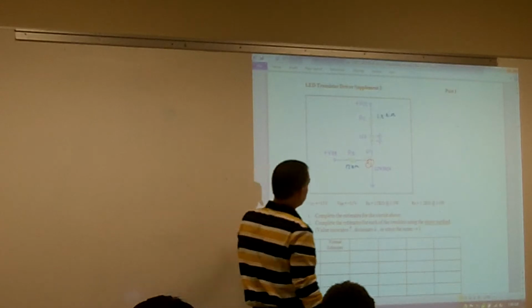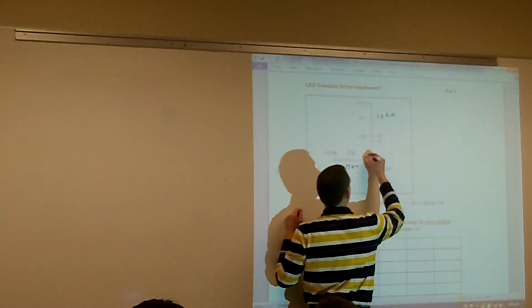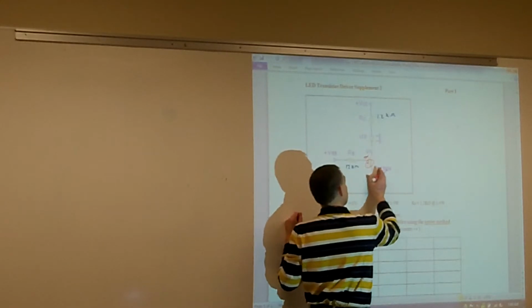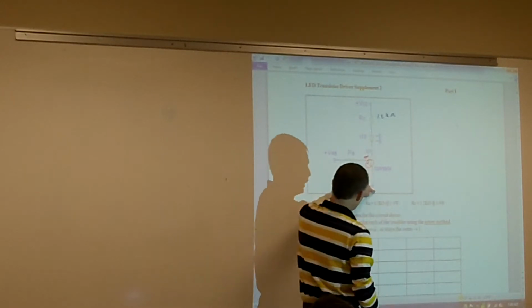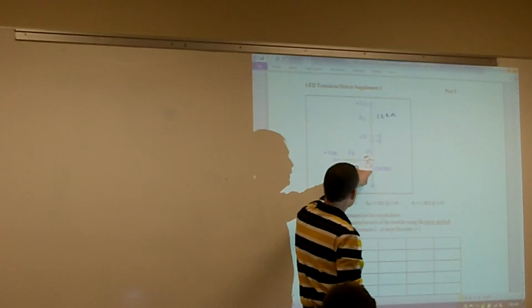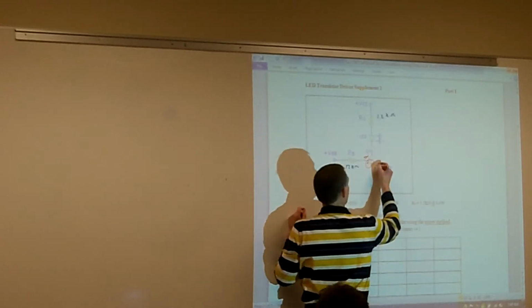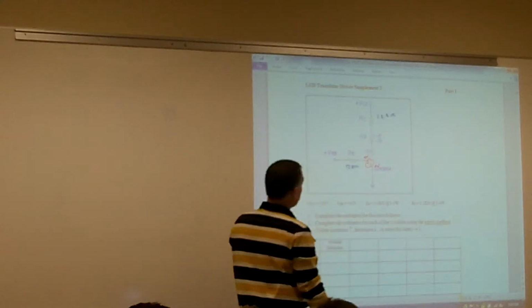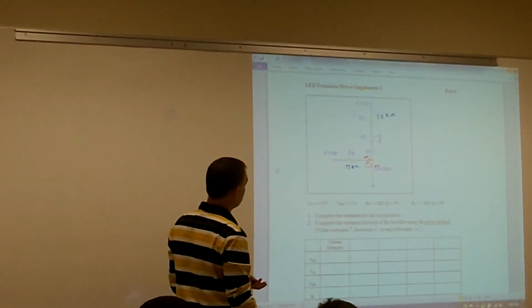Plus 15 volts. We have plus 15 volts on here. And then my emitter, since it's tied right to ground, is going to be at 0 volts, so we're biasing our base to emitter.